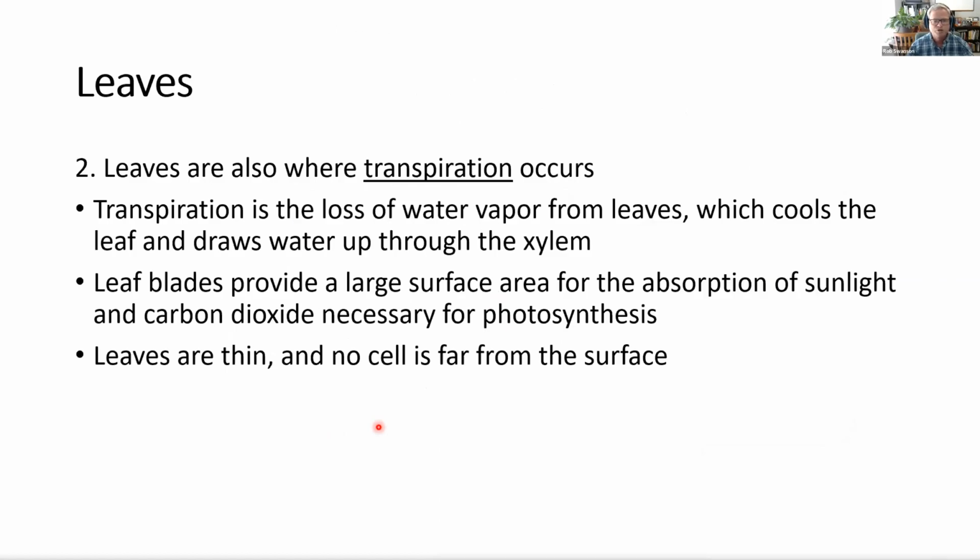Leaves are also where transpiration occurs. Transpiration is the loss of water vapor from leaves, which helps to cool the leaf and draws water up through the xylem. Remember, the xylem is like a long straw. If I'm standing a column of water, I need that column of water to be continuous. I need it to have some method to pull it up the straw.